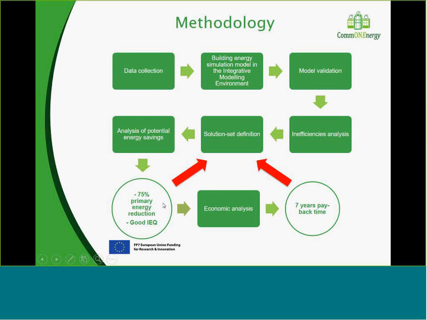Once we reach the 75% of energy reduction, we move to the economical analysis, and we analyze if we manage to reach the 7 years payback time. If that was not the case, we start another loop that goes from the economical analysis to the solution set definition, and so on, up to the point when we manage to respect all the boundaries, all the goals we decided for this solution set definition.